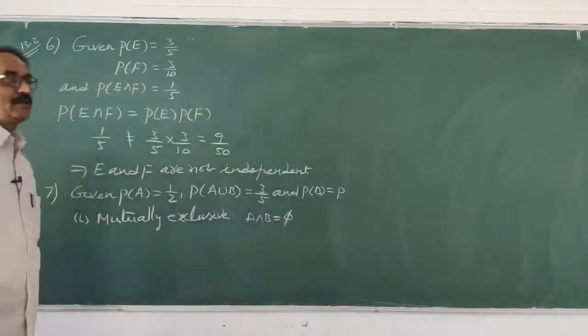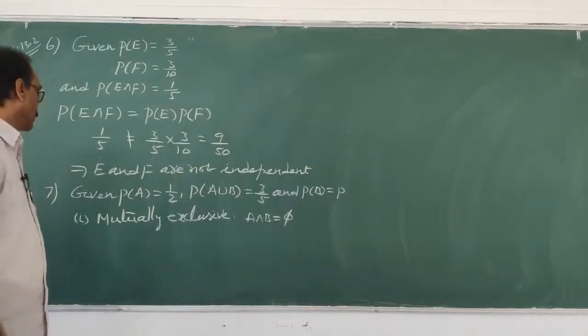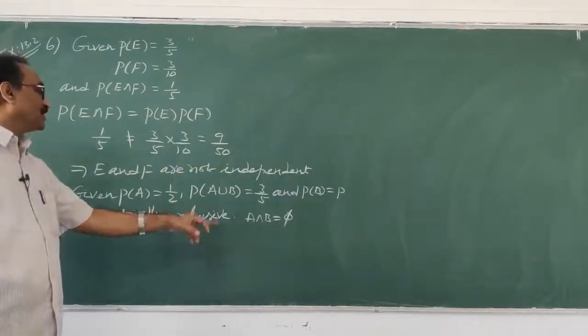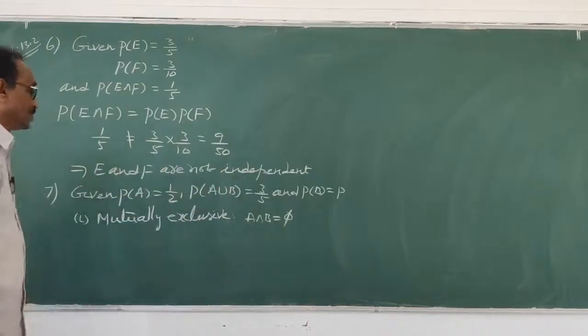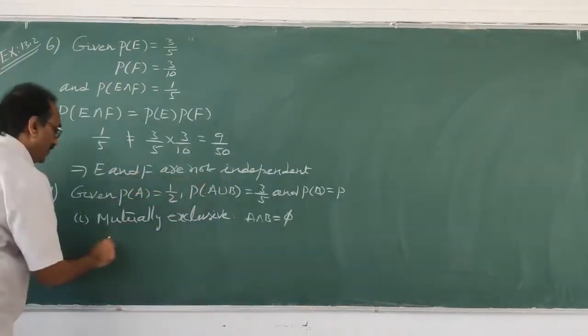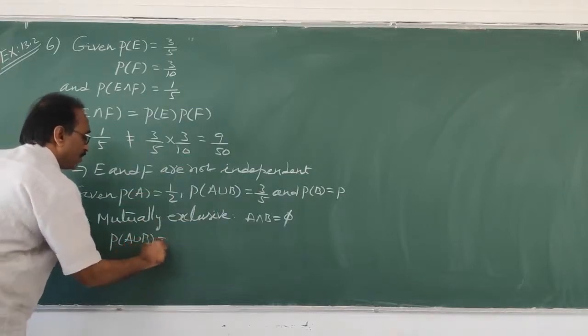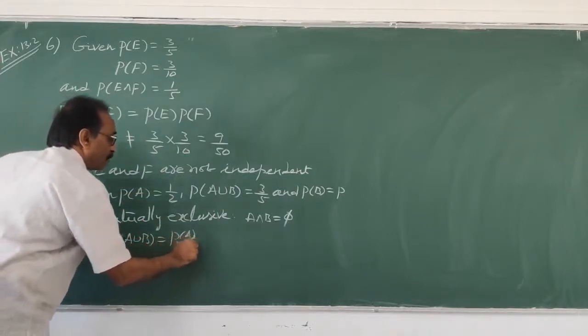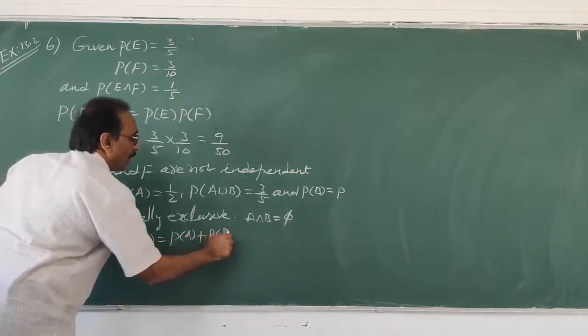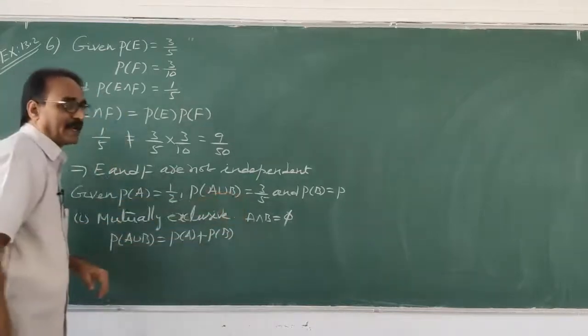Then they are said to be mutually exclusive events. So mutually exclusive means their intersection is empty. Now P of A union B we know. So how can you write P of A union B? P of A plus P of B minus P of A intersection B.